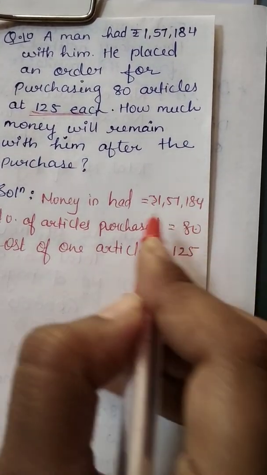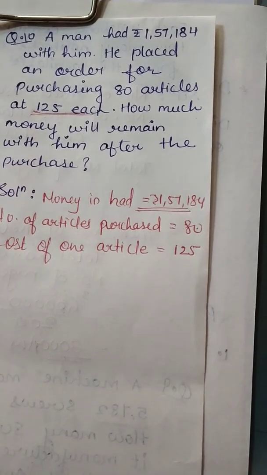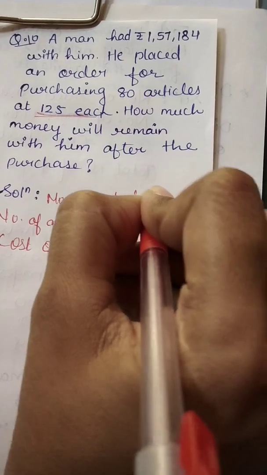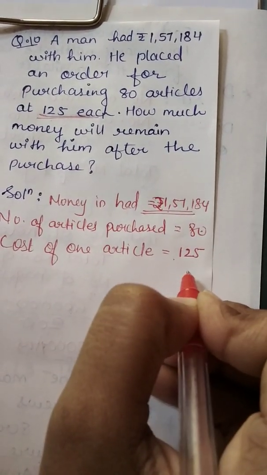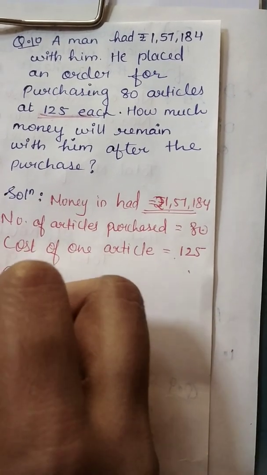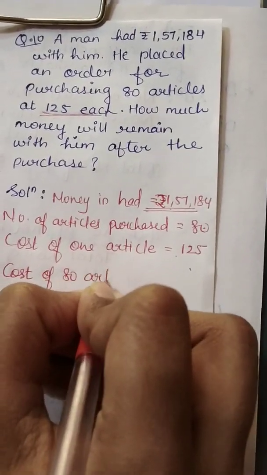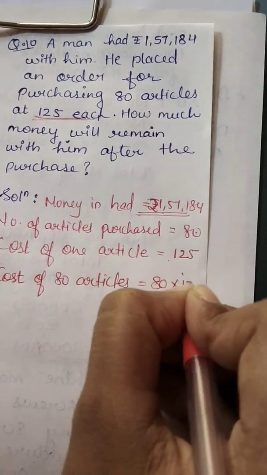See student, this many amount he has with him. Now from this amount he purchased 80 articles for 125 each. So we have to find the total cost of the articles. So cost of 80 articles is equal to 80 multiplied by 125.